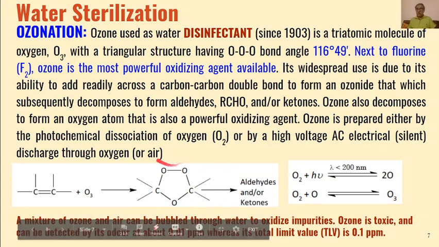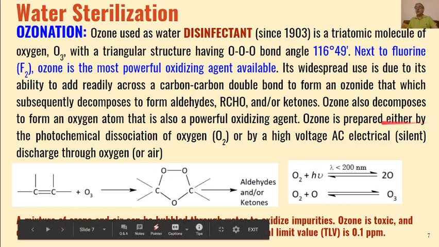Ozone can also decompose to oxygen and nascent oxygen, and oxygen on photolysis can change into nascent oxygen, and this nascent oxygen can react with oxygen to generate ozone. All these reactions are reversible reactions.